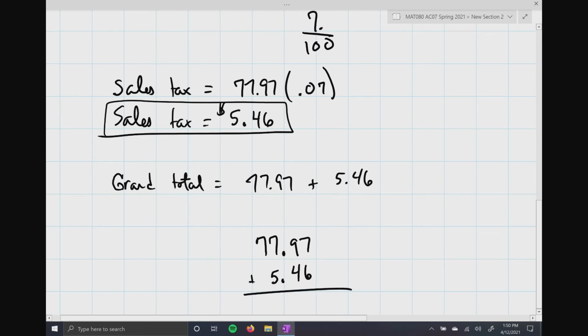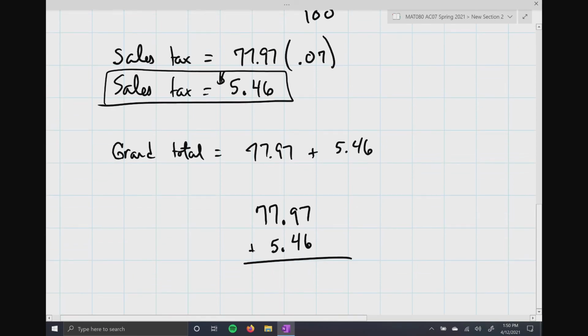So we just add up the two numbers by adding decimals. We know how to do that. Align the decimal place and the place values. 7 plus 6 is 13. Carry the 1. That's going to be 14. Carry the 1. 7 plus 5 is 12, plus 1 more is 13. Carry the 1. So we're walking out of Target spending $83.43.